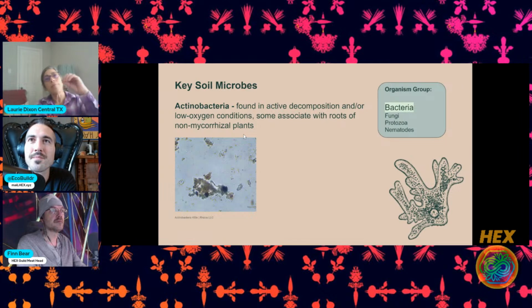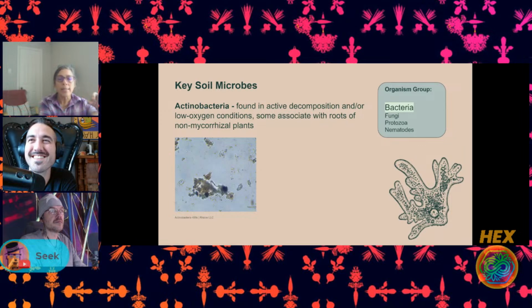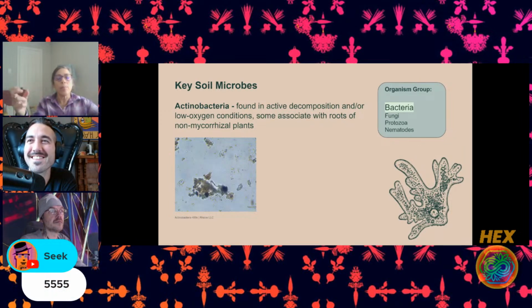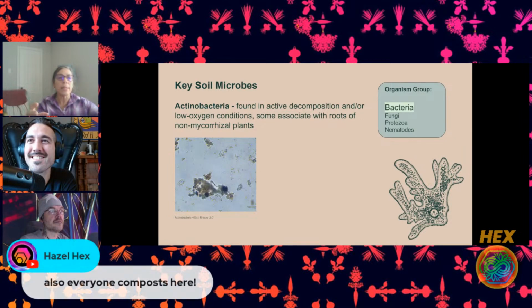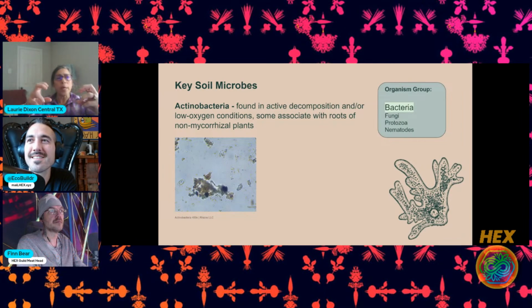If you have a compost pile and you see a dusty white material, not the white mycelial strands, and you pick it up and it breaks apart, that's probably actinobacteria. If it's white and doesn't break apart, and there are strands that hang on to that organic material, that's fungi.